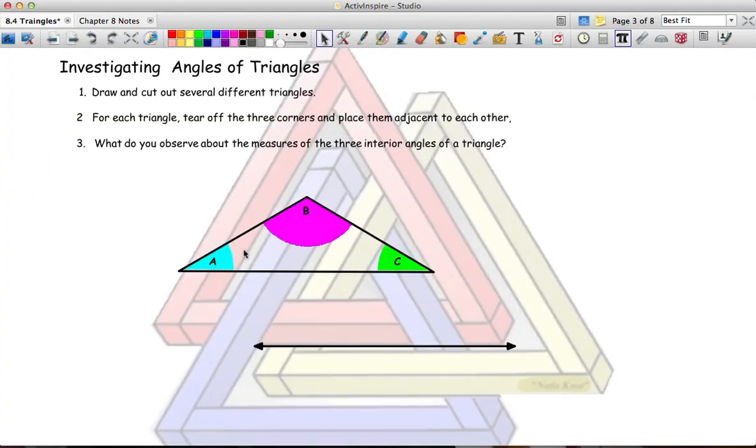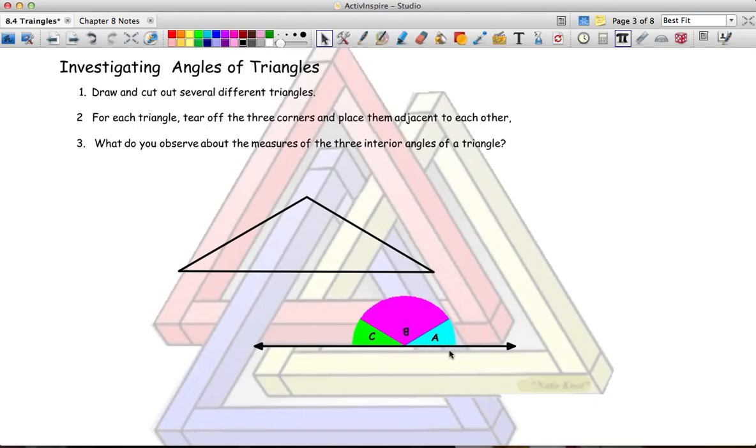We're going to take a look at this triangle and the angles in the triangle. If I take angle A, angle B, angle C out of the triangle and place all their vertices together on a straight line, I find that in adding them together, A plus B plus C make a straight line.